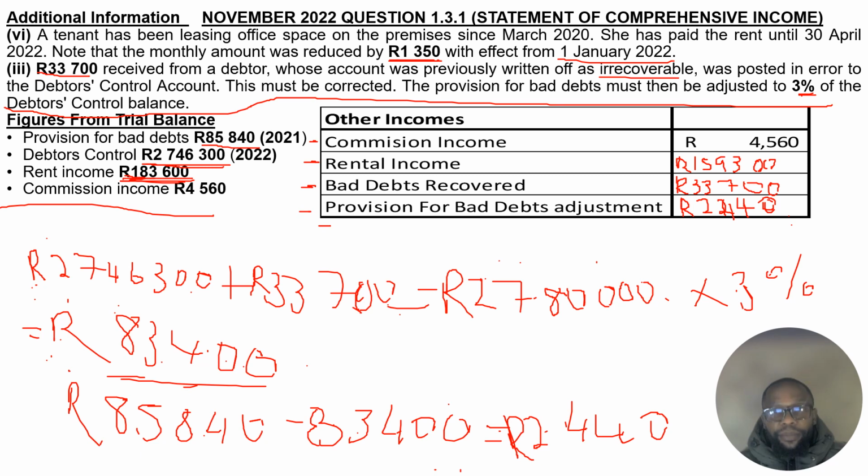4,560 plus 159,300 plus 33,700 plus 2,440. And then our other incomes is 200,000.